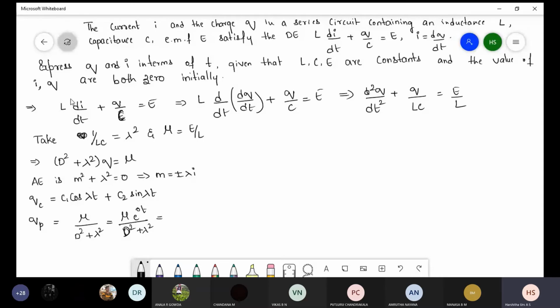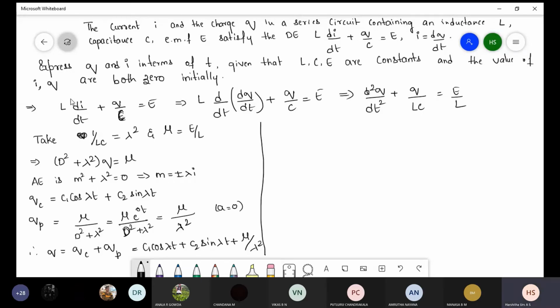So replace D by a. So mu divided by, here a value is 0, so we get lambda square. Therefore Q is equal to QC plus QP, that is equal to C1 cos lambda t plus C2 sin lambda t plus mu divided by lambda square. Call this one equation 1.